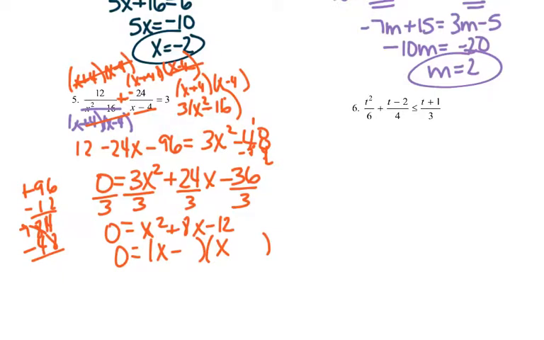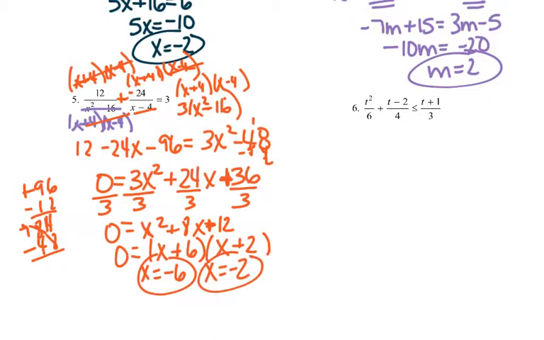Sorry, I made a mistake. This should have been plus 36, right? That would have been plus 12. So now I have x plus 6 and x plus 2. So I'm going to get two answers, -6 and -2. And both of those are good to go.